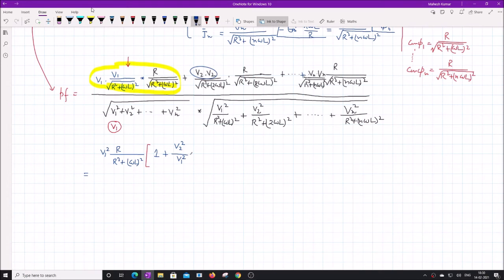And then here it becomes R square plus omega L square, because this has become common. Since it was not there, we have to add it, and this is R square plus 2 omega L square.